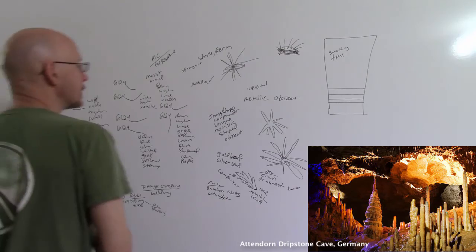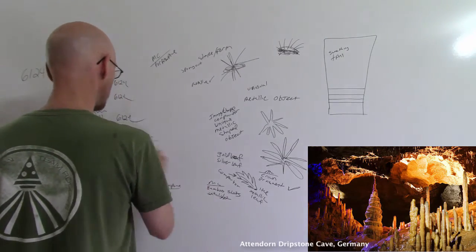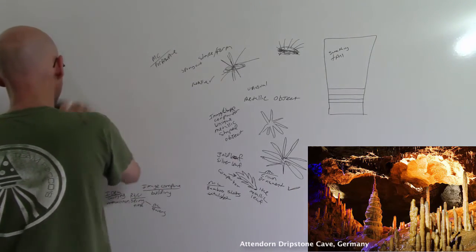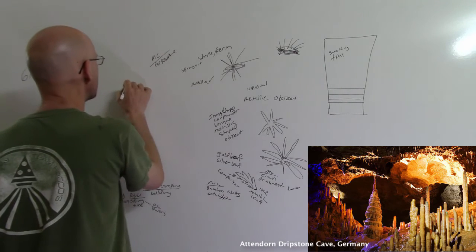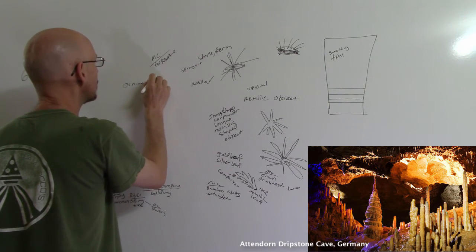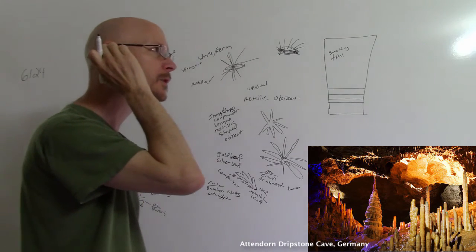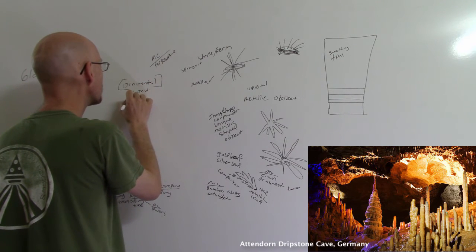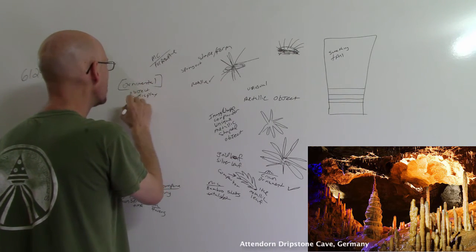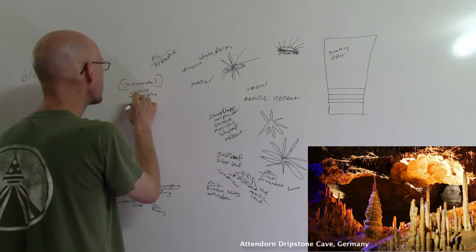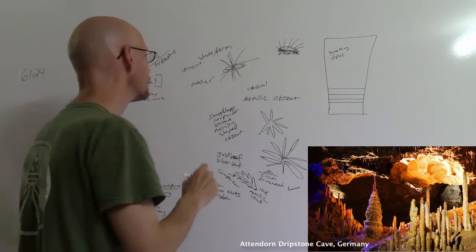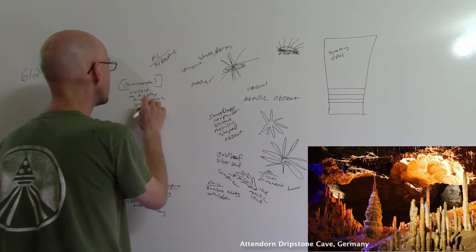Let me try something here. Ornaments, ornamental. What is an ornament? It's an object. It's on display. It's artistic. Artistic work. Symbolic.